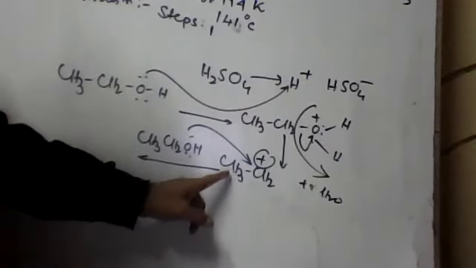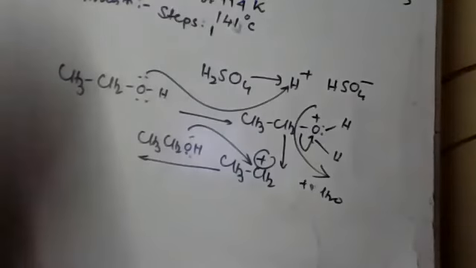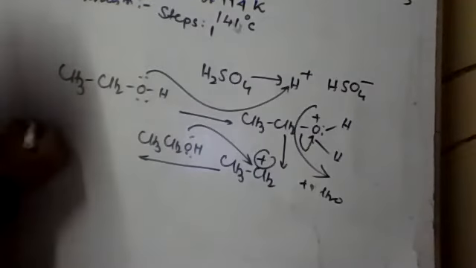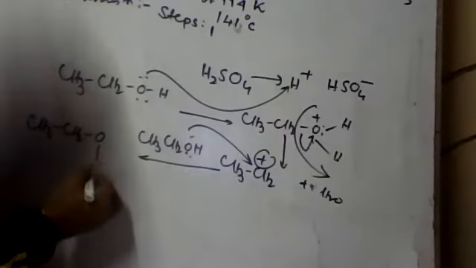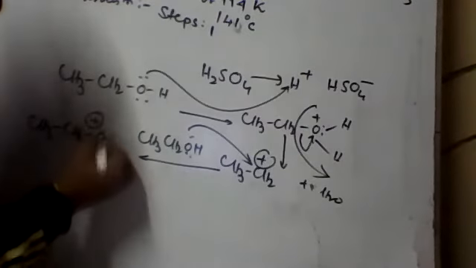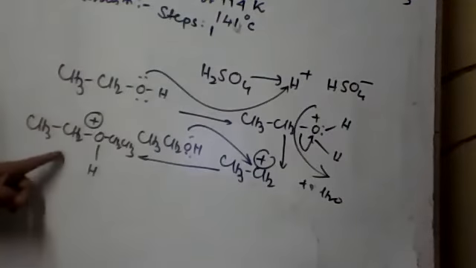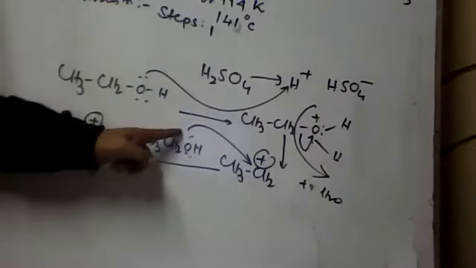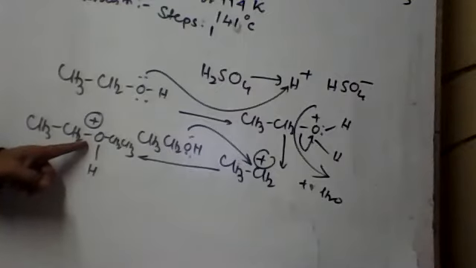Here this adduct is formed, CH3CH2OH positive with CH2CH3. This oxygen lone pair will attack here, and this oxonium ion is formed.